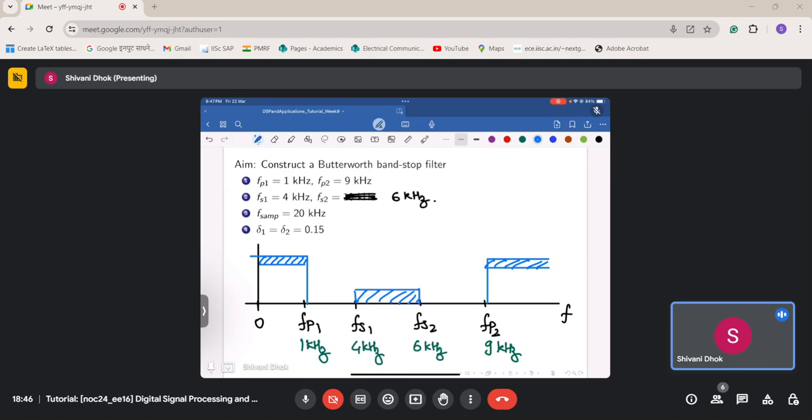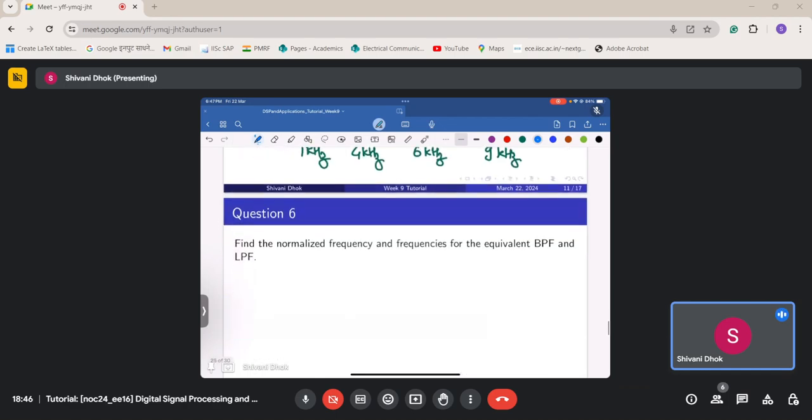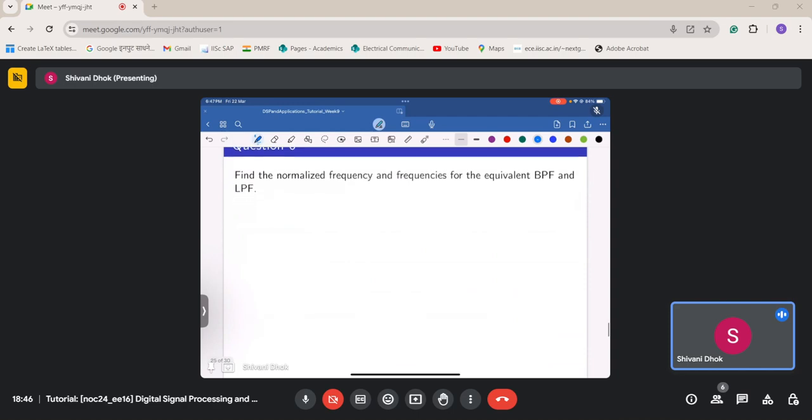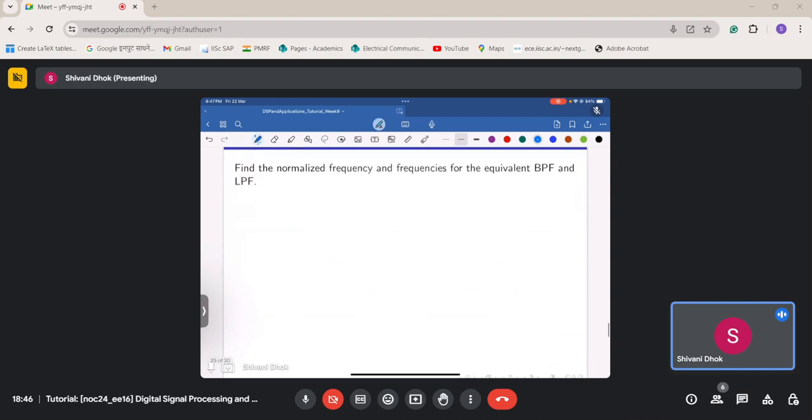So like last time's lecture where we designed a bandpass filter, we'll now design a bandstop filter. Specifically, I took bandpass and bandstop because these are the difficult ones to design compared to the normal filters. Okay, fine. So let's start with this sixth question today. The first step, as we had seen last time, is to find the normalized frequencies.